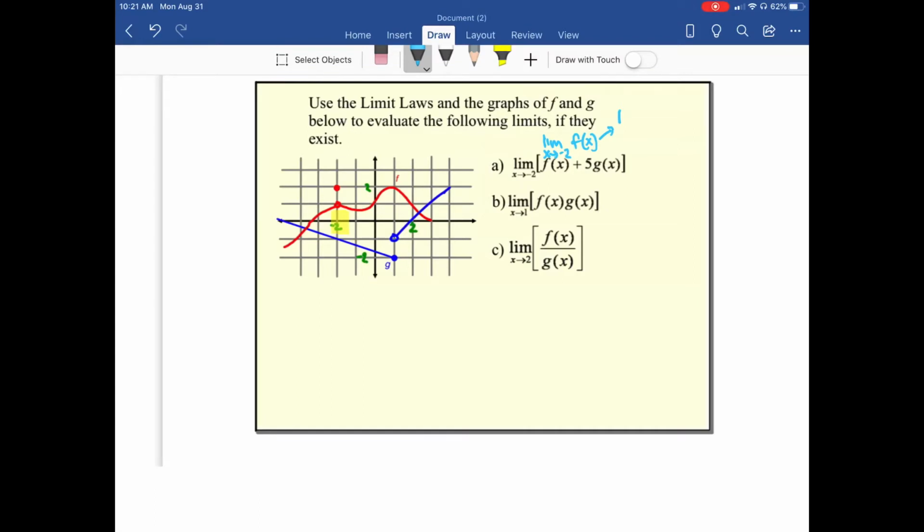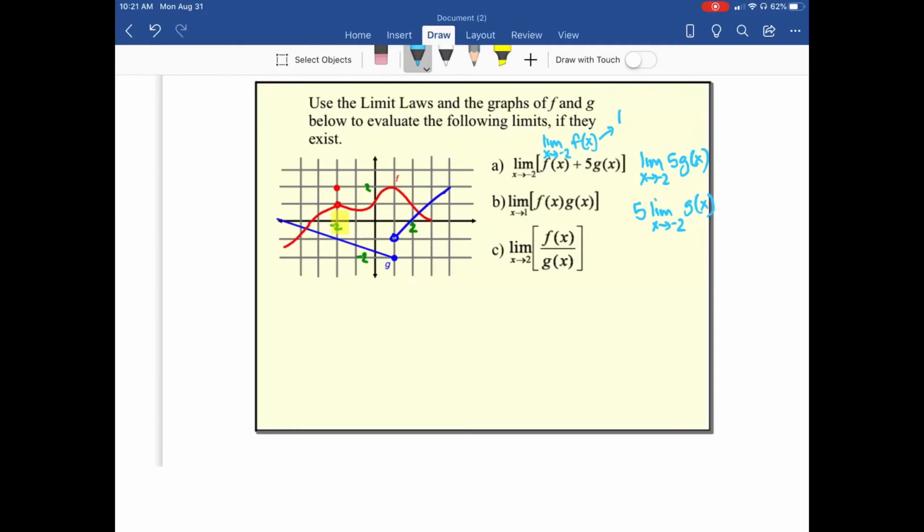Now let's look at the limit as x approaches -2 for 5 times g of x. You'll see that the property says that I can multiply whatever that limit is by 5, by the constant. And now I can just solely look at the limit as x approaches -2 of g of x.